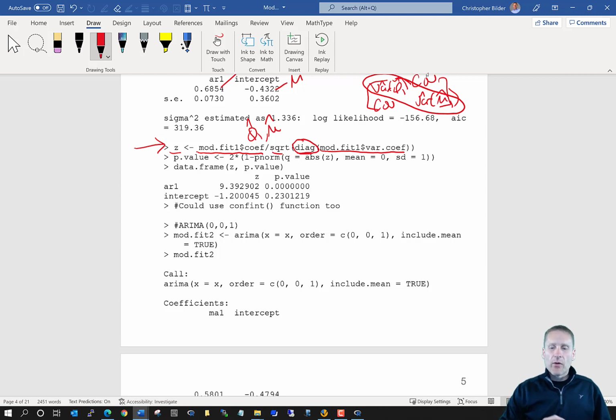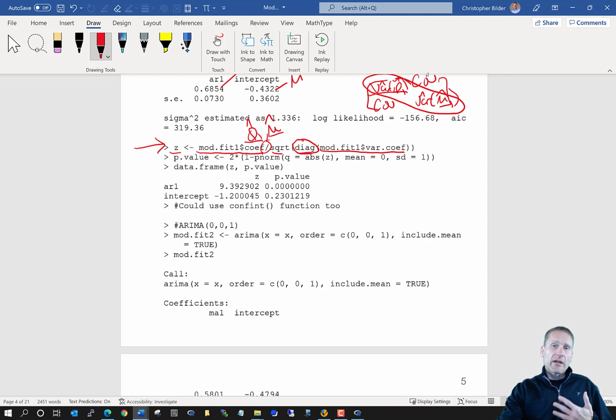I take the square root of that as well, so I can get the standard deviation, in other words, the standard error. And because of how R does its calculations, it's going to match up when it does the division here. It's going to match up phi hat 1 with the square root of the estimated variance of phi hat 1.